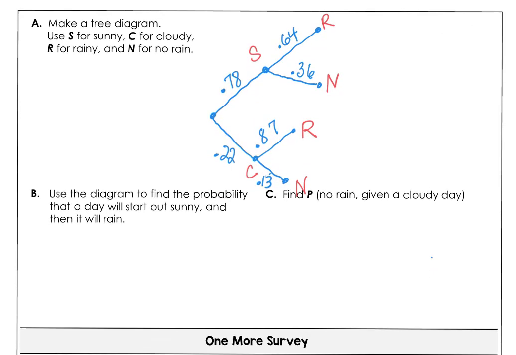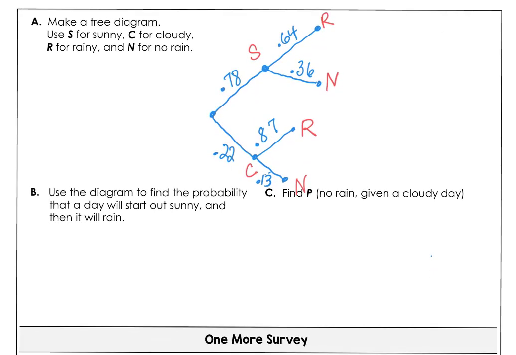In part B, we can use the diagram to find the probability that a day will start out sunny and then it will rain. So using our formula for that, the probability that the day starts out sunny and then it rains is going to be the probability of a sunny day times the probability that it rains, given first it was sunny.